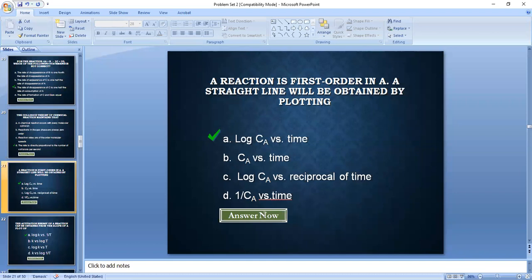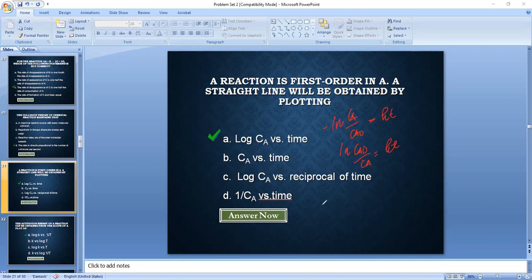Who can still recall our formula for first order reaction? What's the formula for a first order reaction? We have ln of Ca over CaO equal to negative Kt, right? So if you make it positive, you have ln of CaO over Ca equal to Kt.